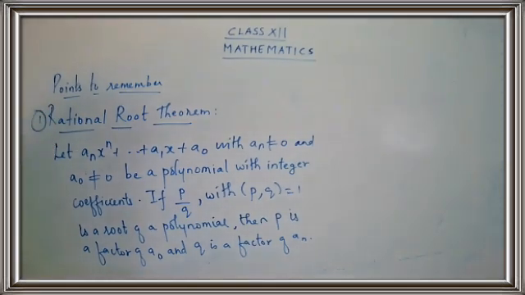You have to take down one more point, children. You have to write down the definition which is given in page 120. Come to page 120. You should know what is a reciprocal polynomial. Write down the point.